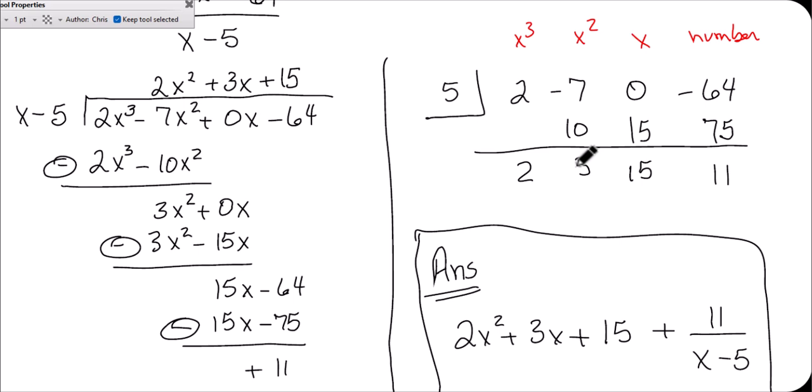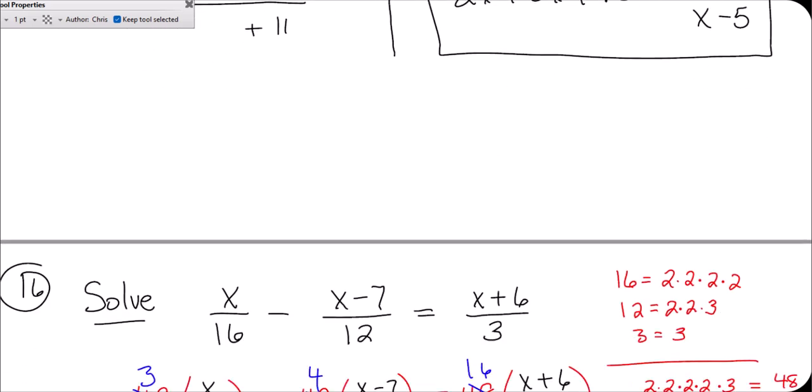Add, you get a 3. 5 times 3, 15. 0, add 15, 15. 5 times 15, 75. Add and get 11. And so your answer is always 1 power less than what you started with. And so we do get exactly the same answer. So you pick whichever method you prefer. Synthetic is always faster and cleaner.